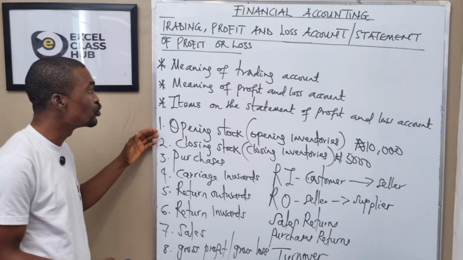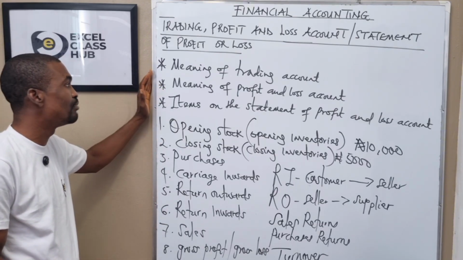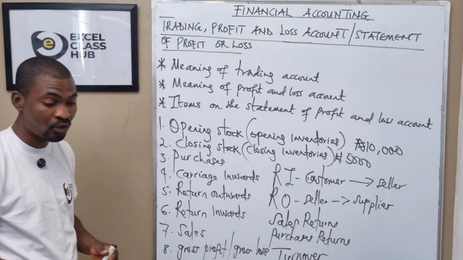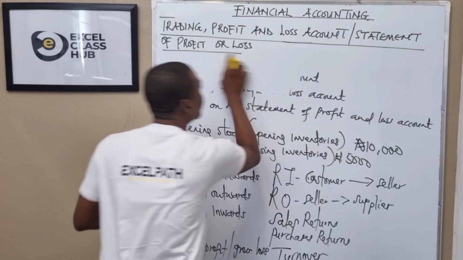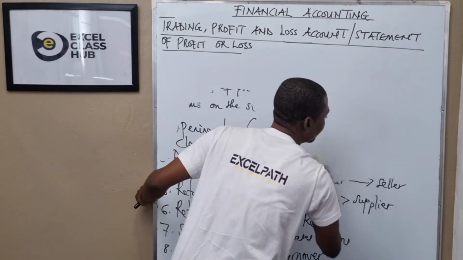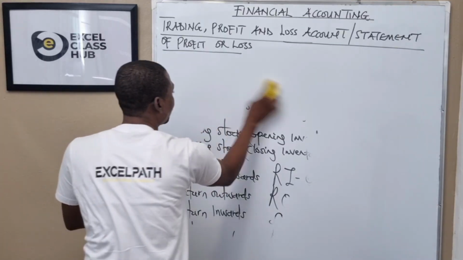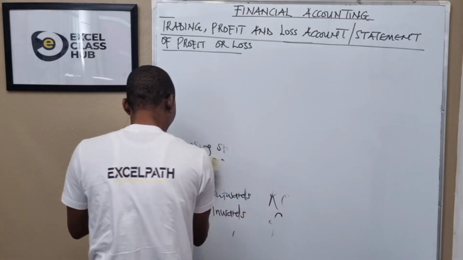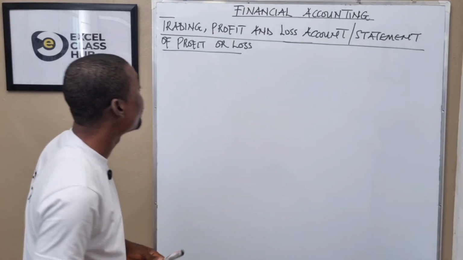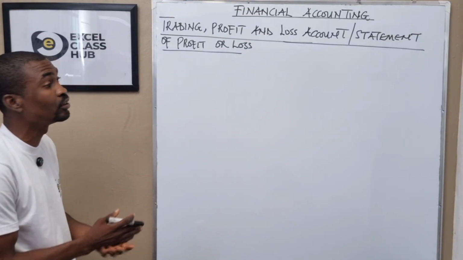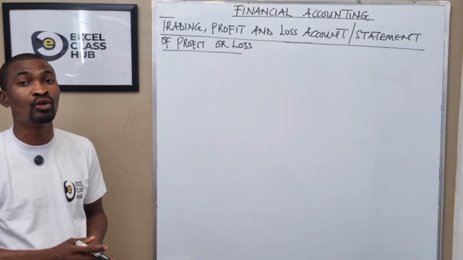Now, before we go to the format, let me also explain some of the items that can be found in your profit and loss account. You recall I told you that the profit and loss account is prepared to determine the net profit or loss.